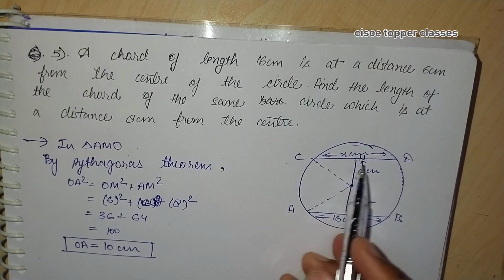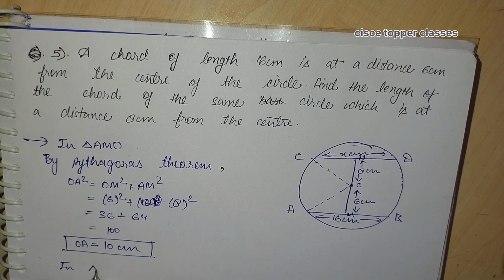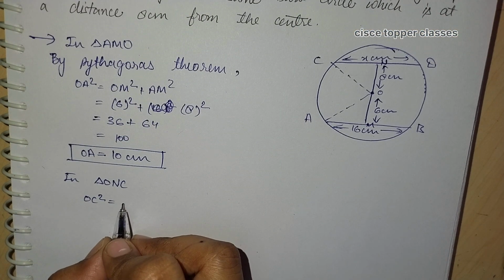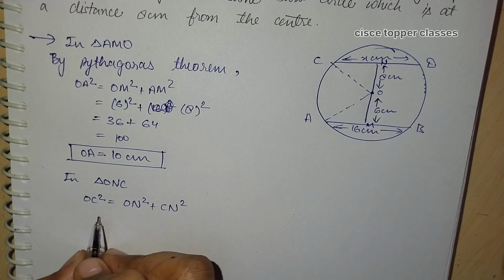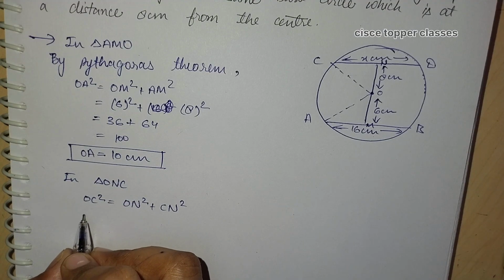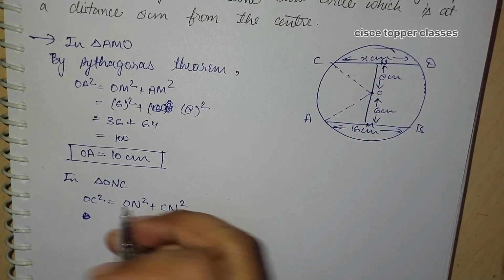From that only, by applying Pythagoras theorem in triangle ONC, we can find the value of the chord. We have OC square is equal to ON square plus CN square. Simply we will find the value of CN from here. So OC we have found, because the radius of a circle remains the same.